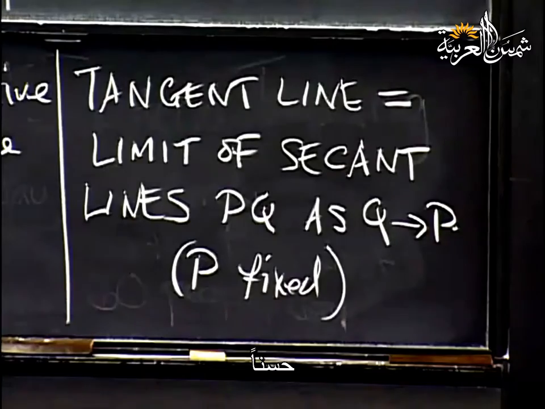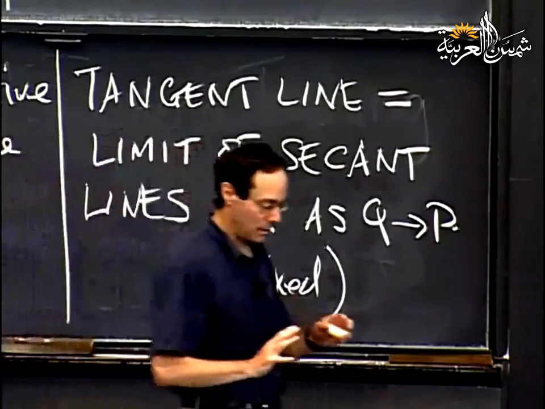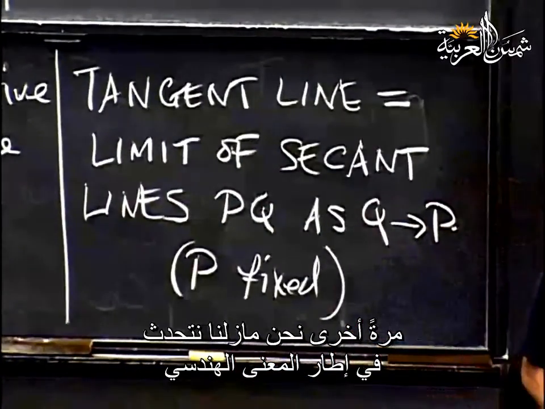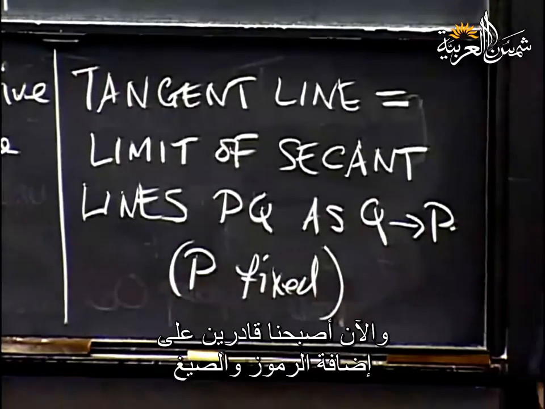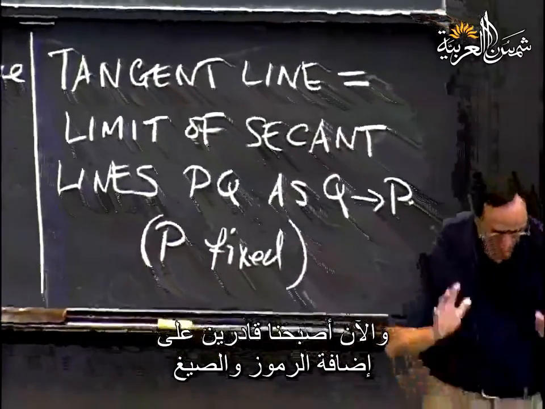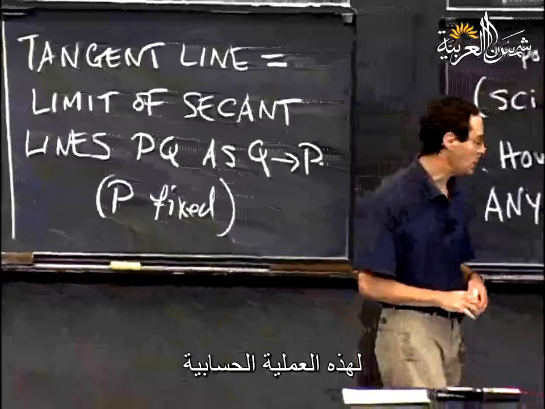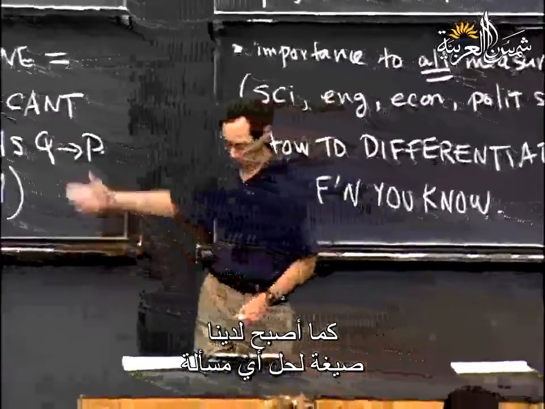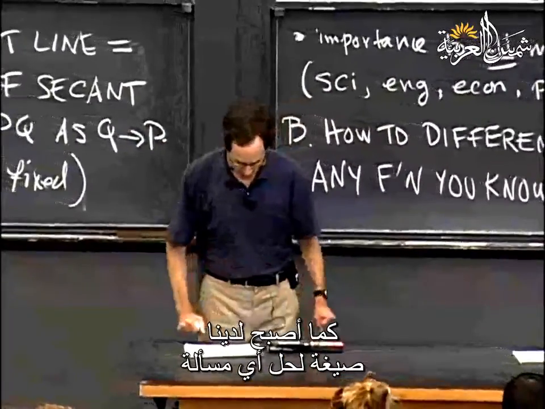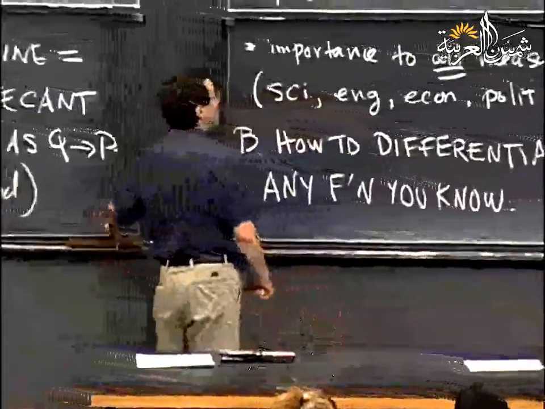Again, this is still a geometric discussion, but now we're going to be able to put symbols and formulas to this computation, and we'll be able to work out formulas in any example.